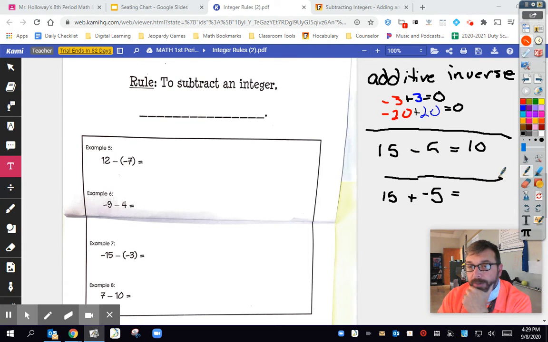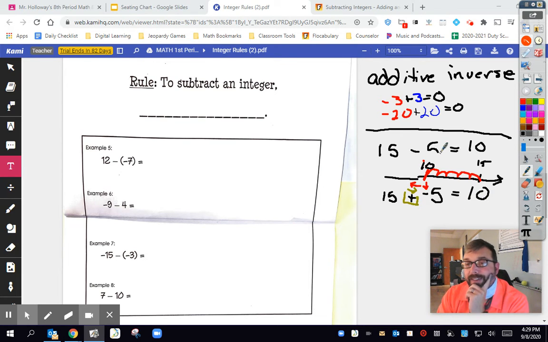Well, let's take another look at this. I draw my number line, and I go out to 15. And now I want to add a -5. So because of the addition, I want to go to the right. But because this says opposite, I'm going to go to the left. So I'm going to go 1, 2, 3, 4, 5 to the left. And I wind up at 10.